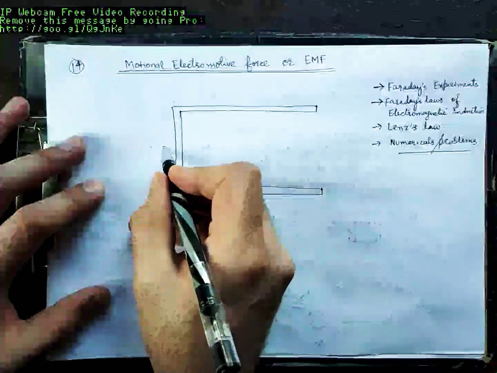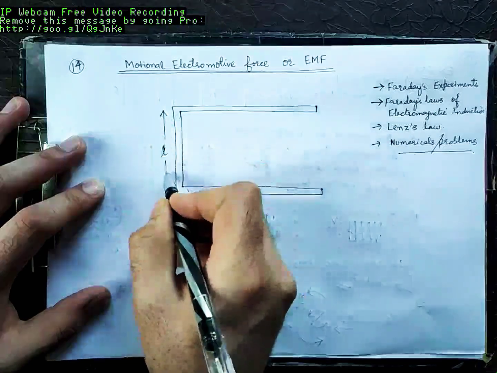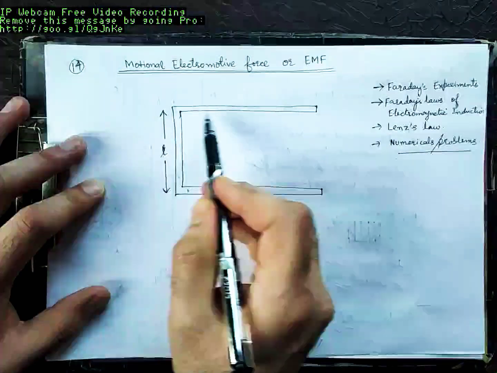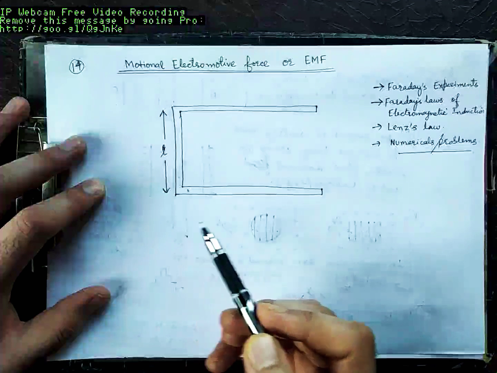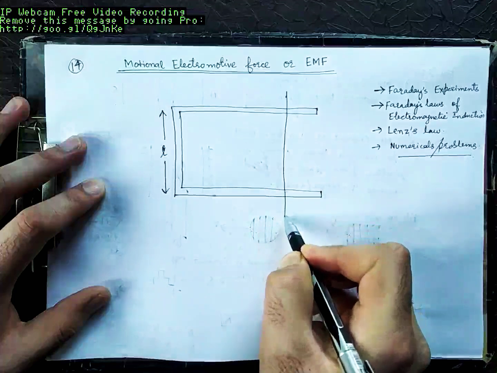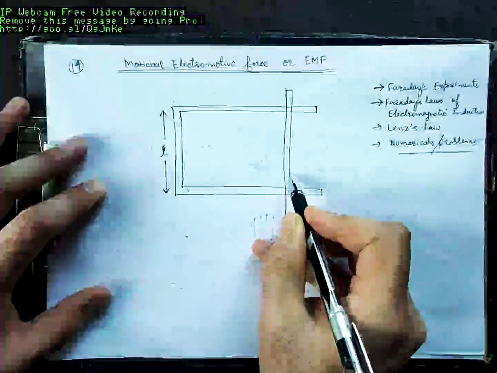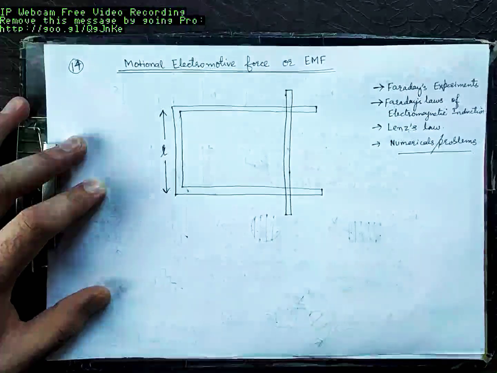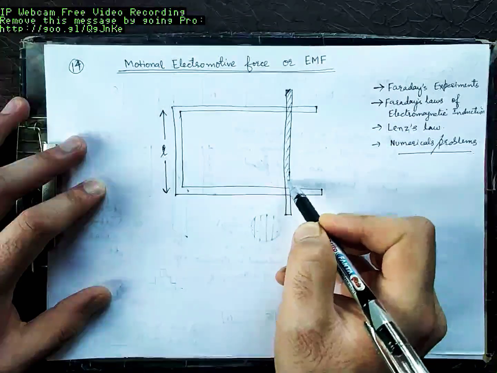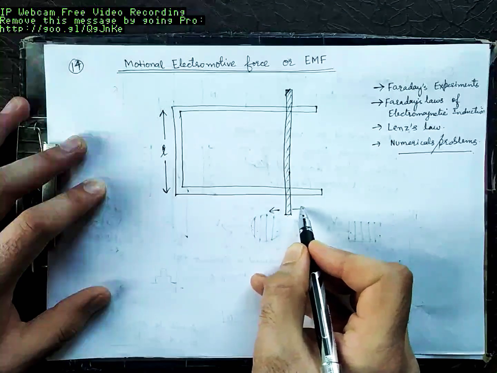Let us suppose this length is L. And on this conducting material, you have another branch which is also conducting. That is, this side is also conducting. But this side is free to move. This can move in either direction.